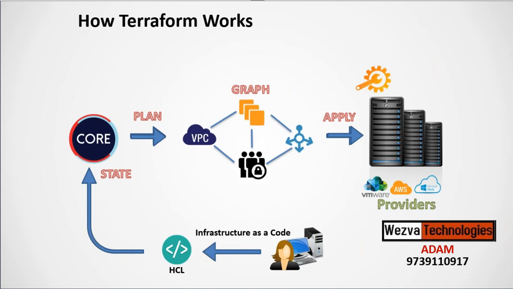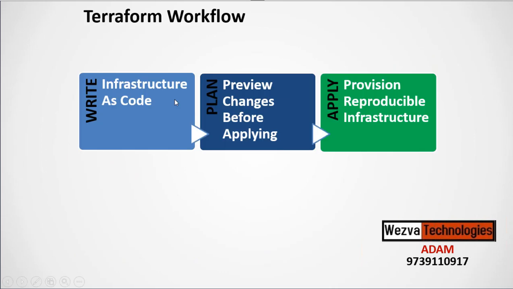So then we start working in Terraform. See, the approach that we are going to take is, first, we write the infrastructure as code. Second, we plan, where we see what changes are actually going to happen in your infra. And once you are fine with reviewing it, then you just go ahead and apply.